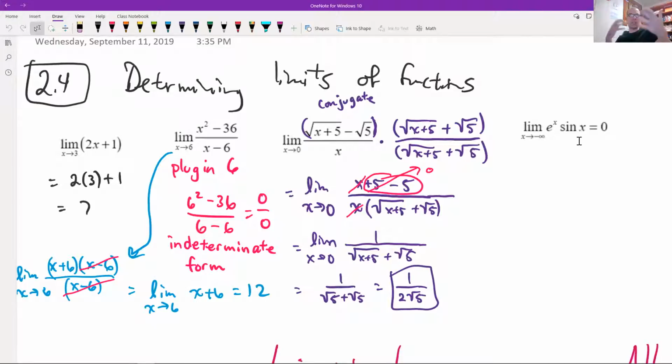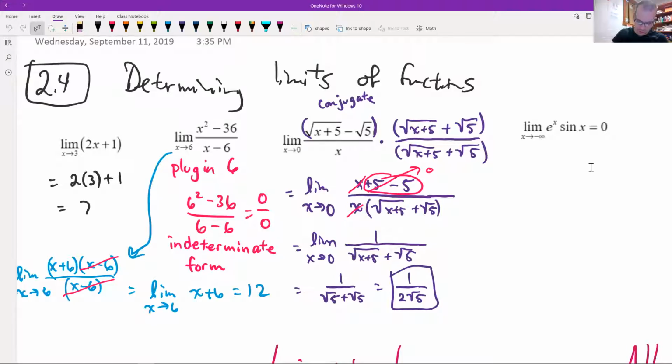So you have this weird thing like, okay, we've got 0 times some number between 1 and -1, and there's not really a clear-cut answer with the tools that we have right now. What we are going to learn later is that this one's going to be really nicely handled using the squeeze theorem. And we will see that soon.